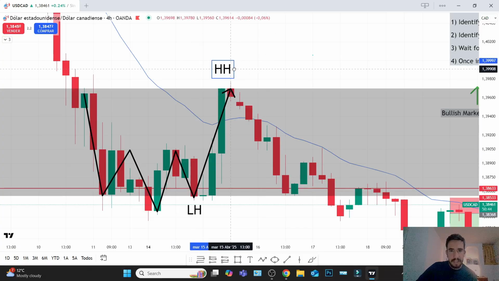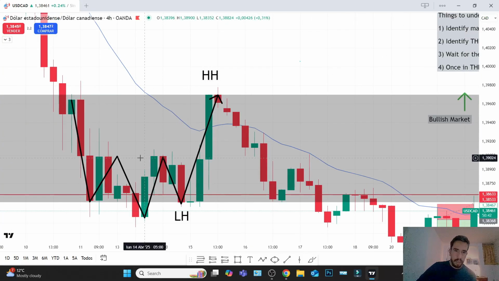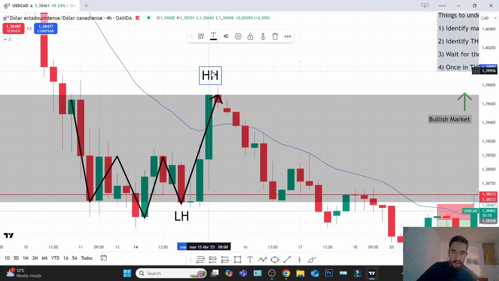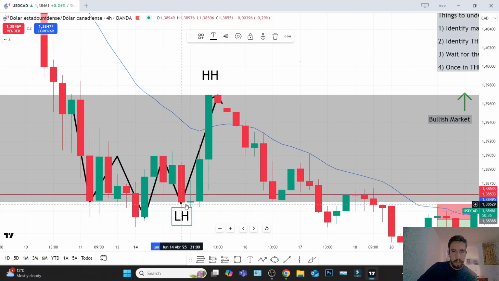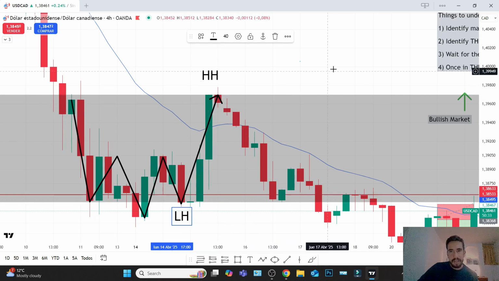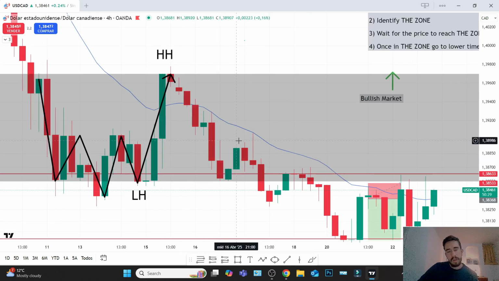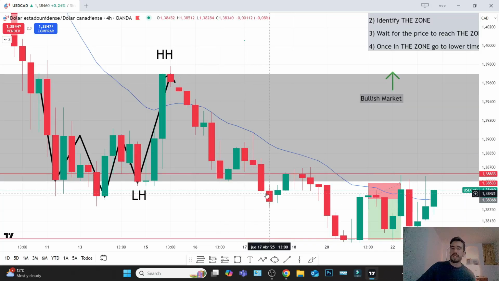So now the market is bullish. Okay, now the market is going up, and we have higher high and lower high. Everything inside the shade area is market structure. So market structure, market structure, market structure, a little bounce, and boom, it breaks again.